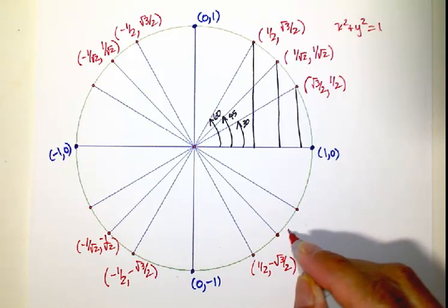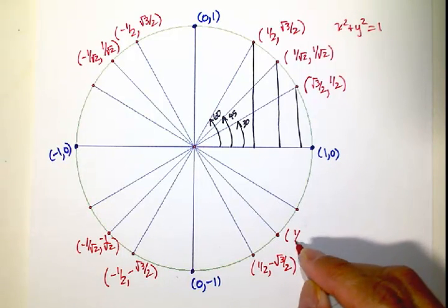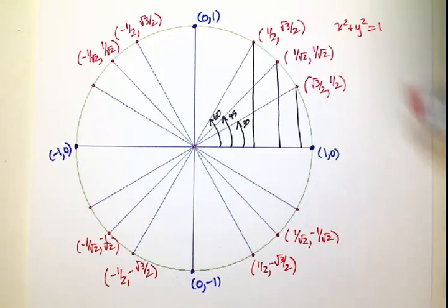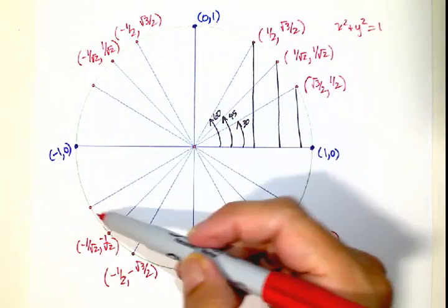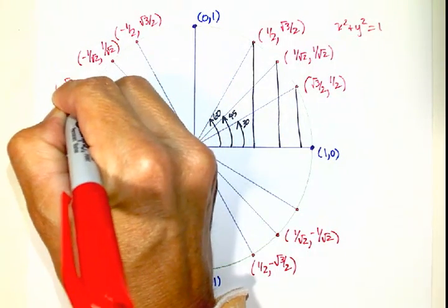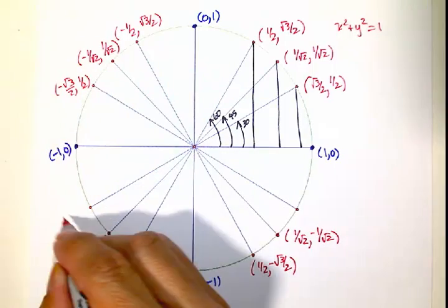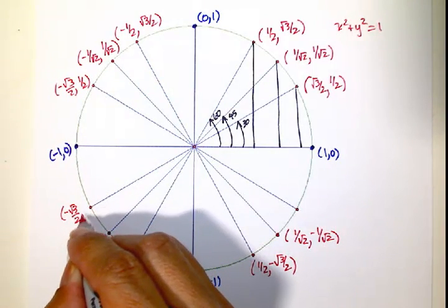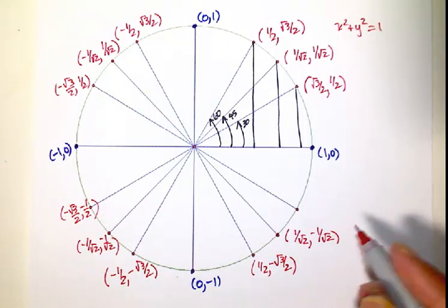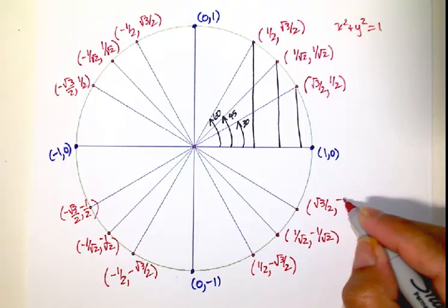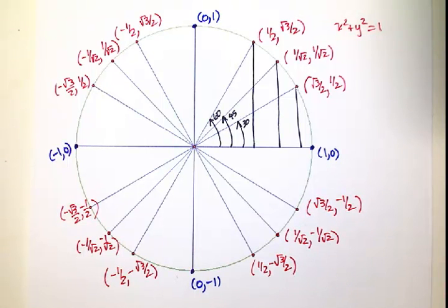This one right here, positive 1 over the square root of 2, negative 1 over the square root of 2. And last, let's follow this point all the way around. So this point right here should be negative square root of 3 over 2, positive 1/2. This one should be negative square root of 3 over 2, negative 1/2. And this one should be positive square root of 3 over 2, negative 1/2.